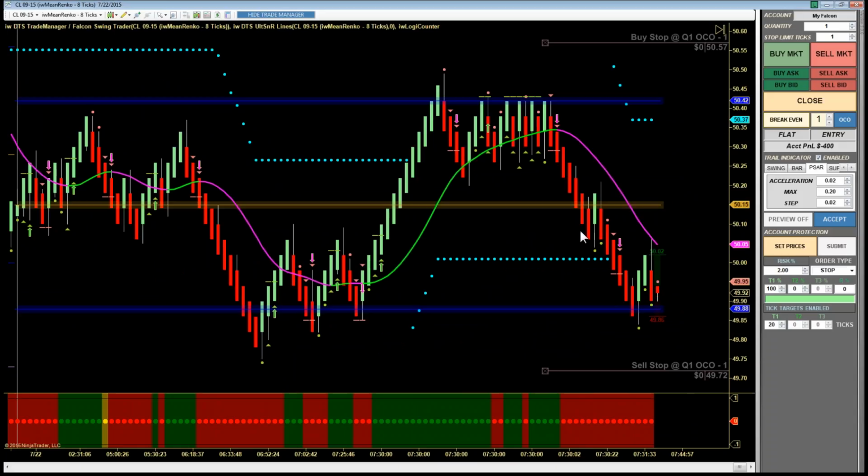If the report confirms what the market is thinking. Now notice I didn't say if the report releases X number of barrels, but if the report confirms what the market is thinking, prices will head lower. If the report does not confirm what the market is thinking, prices will head higher. So it's all a matter of perception.